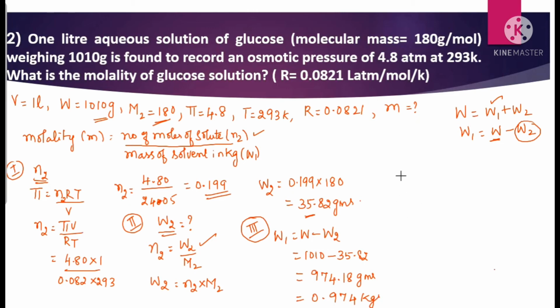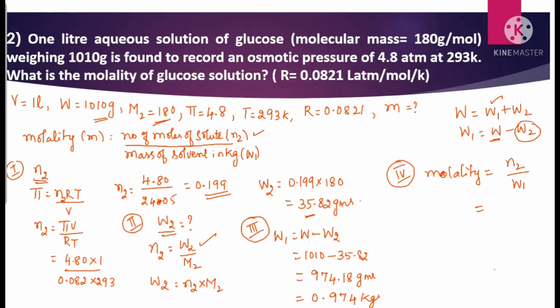Now the next step, the final step, is to calculate the molality. So that's our intention, right? How to calculate molality? It is the number of moles of the solute divided by the weight of the solvent, that is W1 in kilograms. So substitute the values, students. What is N2?